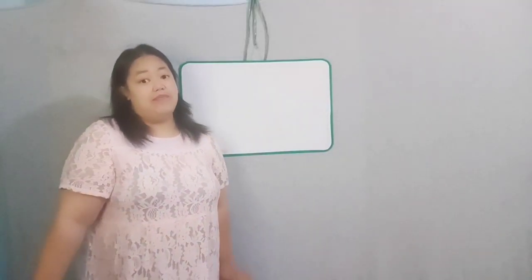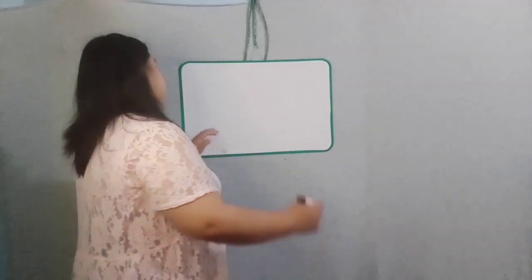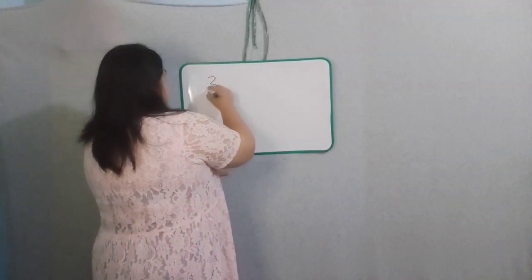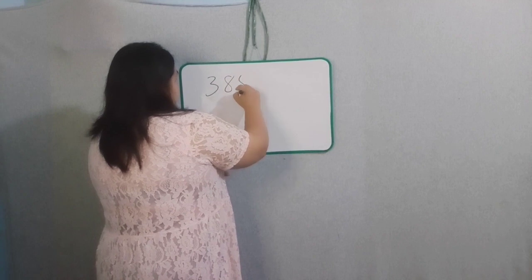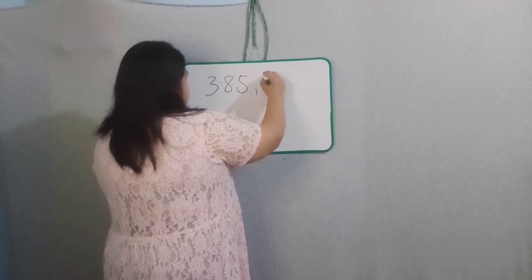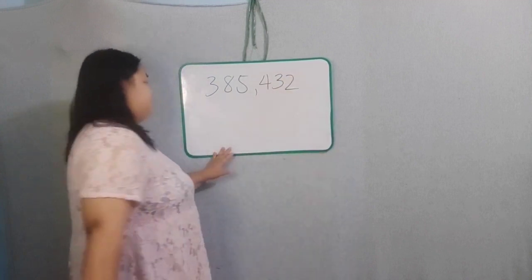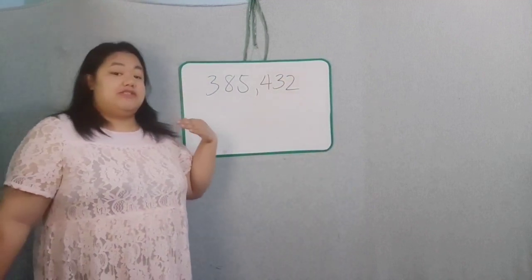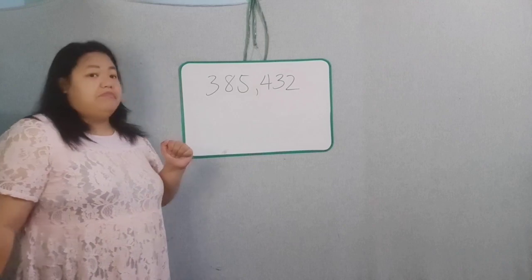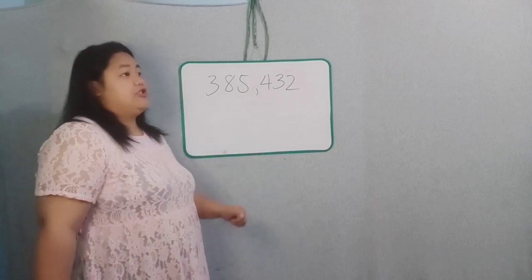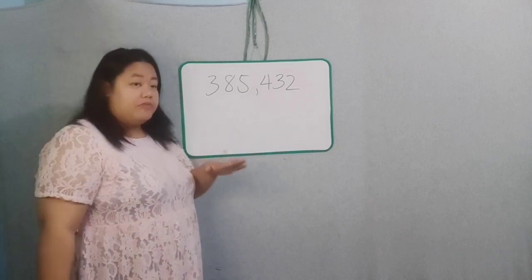Let's give an example for reading numbers. 385,432. Okay. Now it looks big, but it's actually simple. You just have to know your basics.